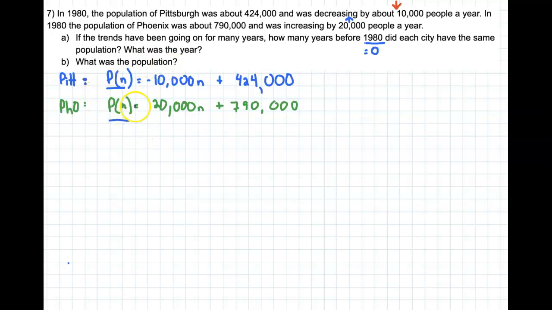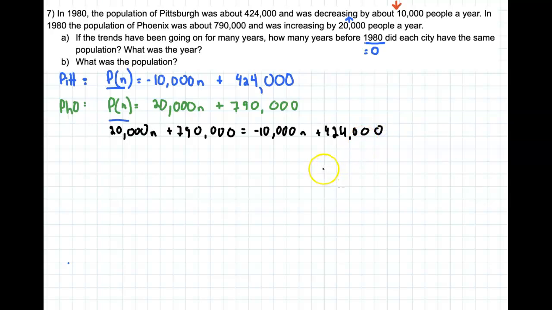We can use substitution to set the equations equal to each other. So we have 20,000n plus 790,000 is equal to negative 10,000n plus 424,000.